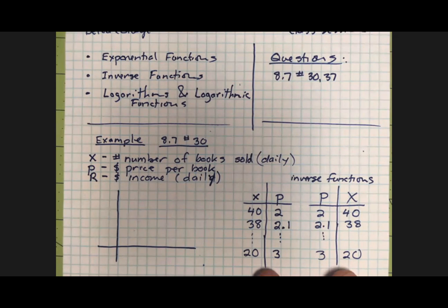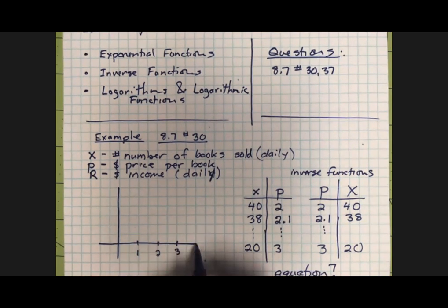This is just a bunch of information, but now it's going to let me write an equation. I want an equation. So let me make a very crude graph right here. Let's call that 1, 2, let's call that 3.